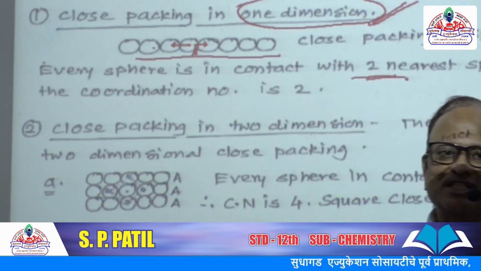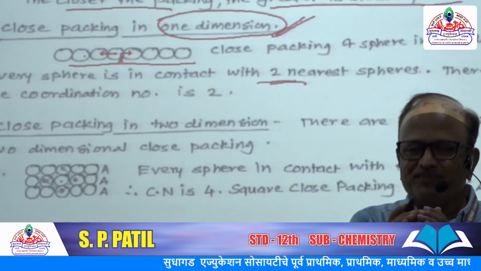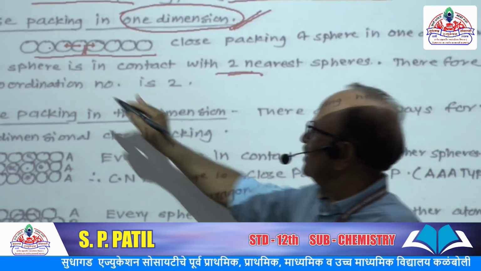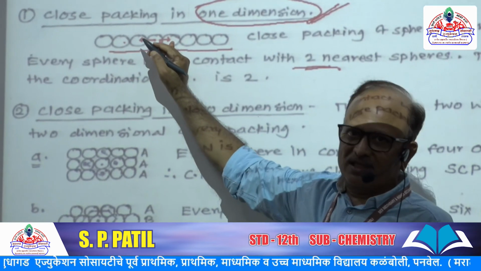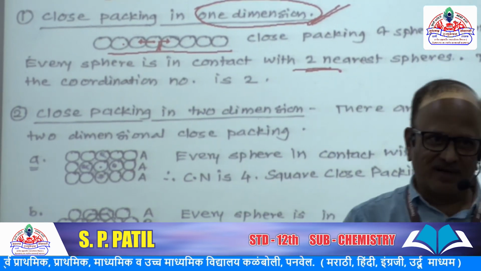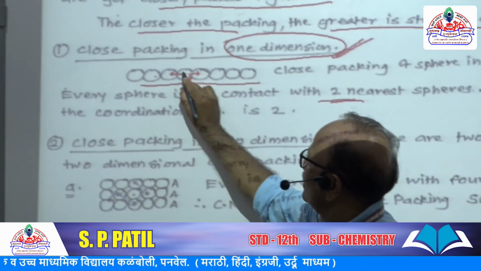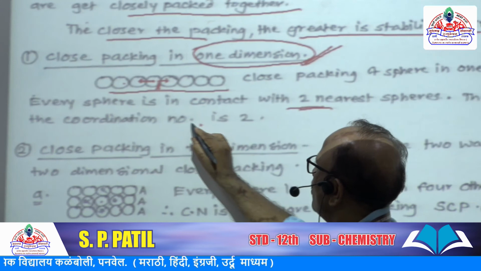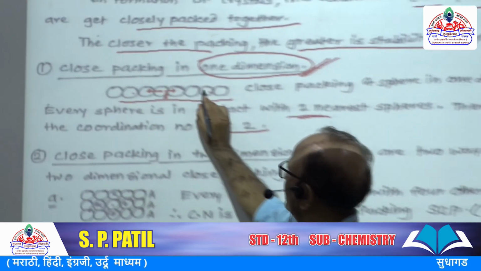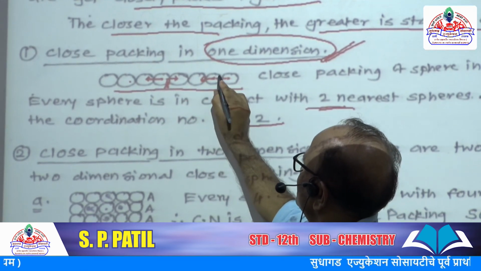So what is coordination number? Coordination number means the number of spheres with which a sphere is directly touching. So for this sphere in one dimension, the coordination number of any atom is 2. For this sphere, this is 1 and this is 2.